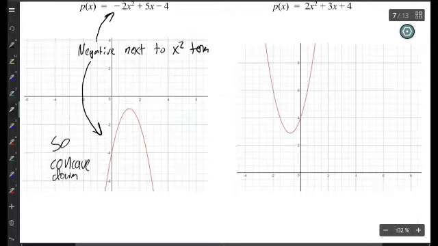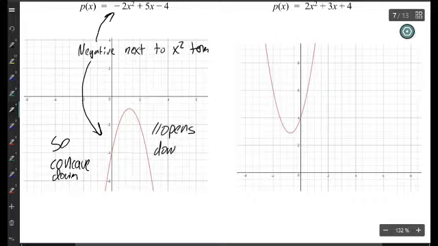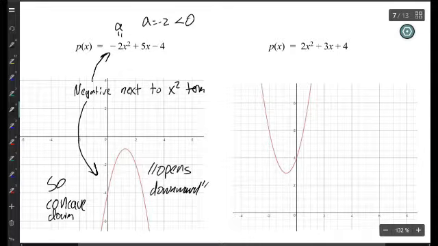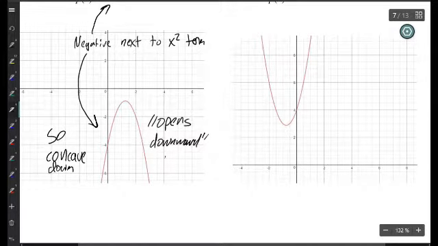You could think of it as it frowns, or water would fall out. Informally, we'd say it opens downward, because our a here, negative 2, is less than 0. So the parabola opens downward when a is less than 0.